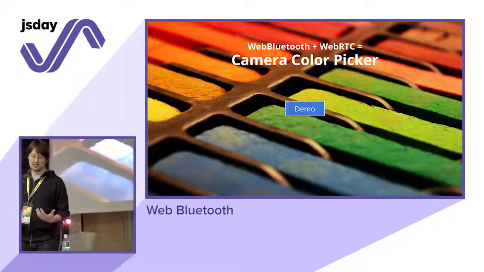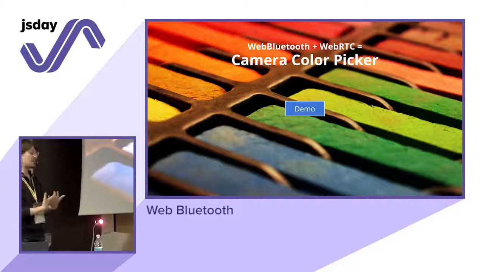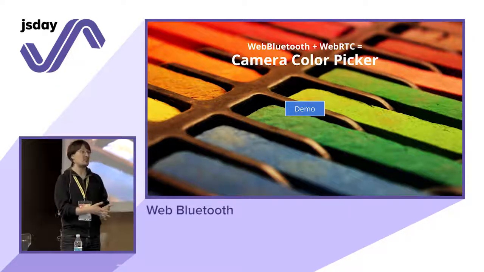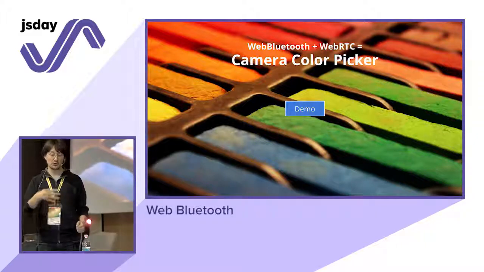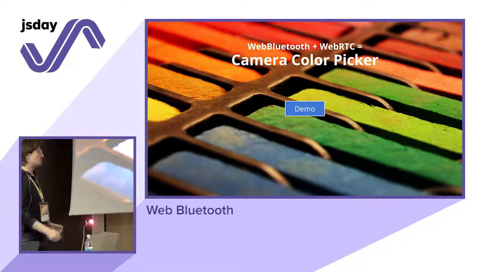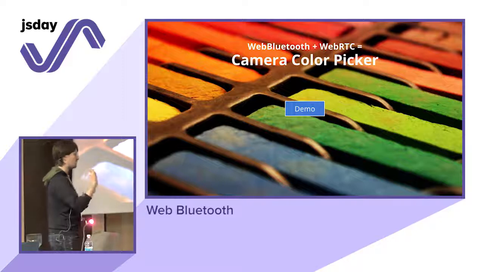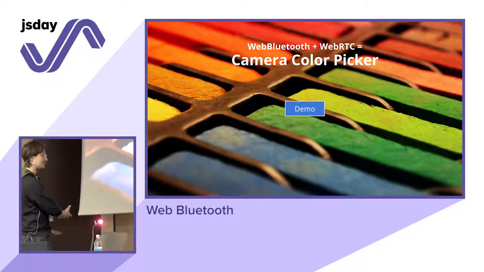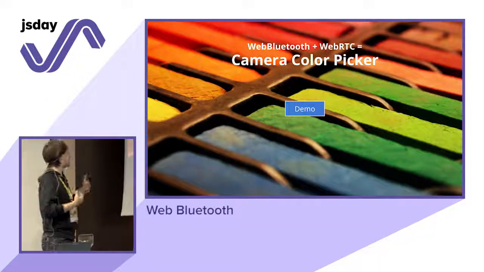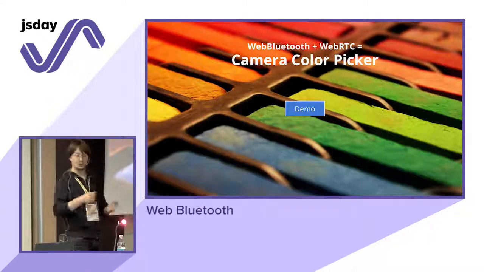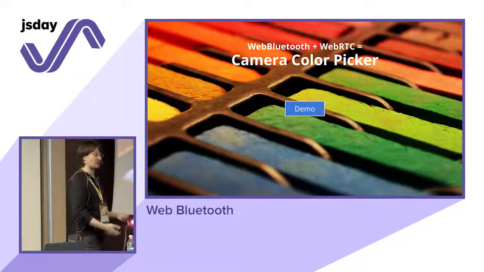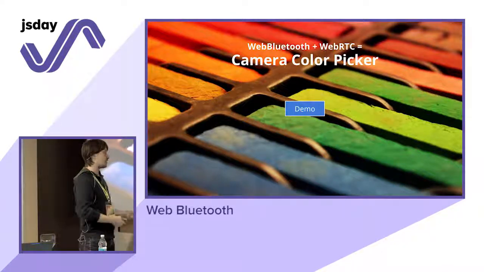Specifically a subset of the WebRTC API, the getUserMedia API. It allows you to interact with the camera, right? So you can have a stream coming from the camera, and what if we use that stream to somehow drive the light? For example, we can build a camera color picker, where we could use your camera, in this case the desktop camera, but more probably the phone camera, to look at something and pick the dominant color.